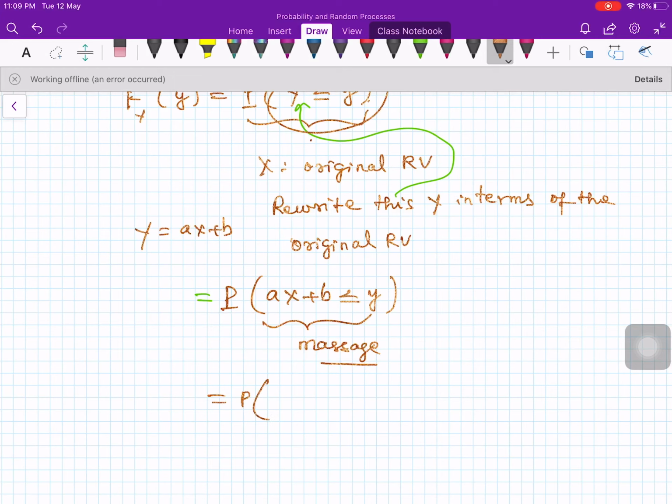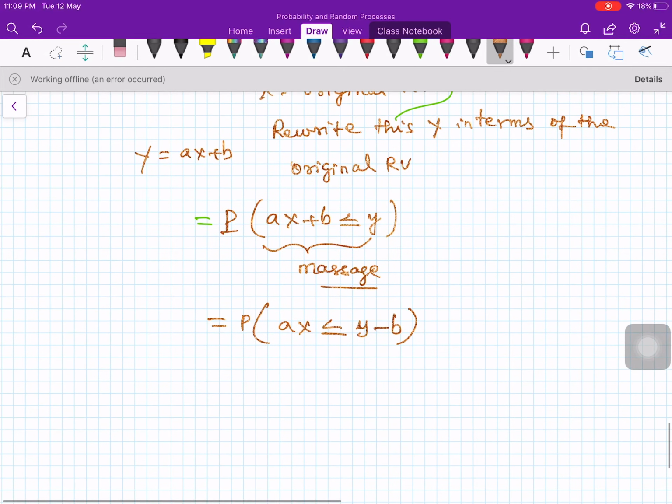This is P of ax less than or equal to y minus b, and then P of x is less than or equal to y minus b by a, if a is positive.